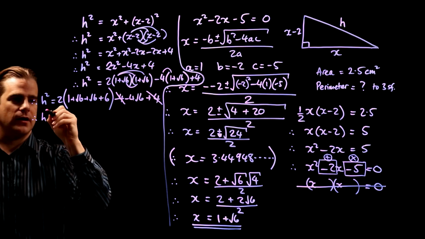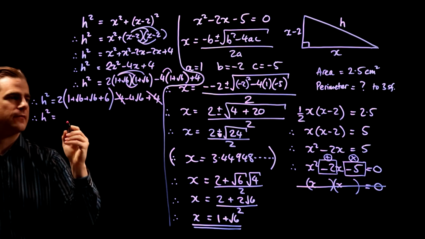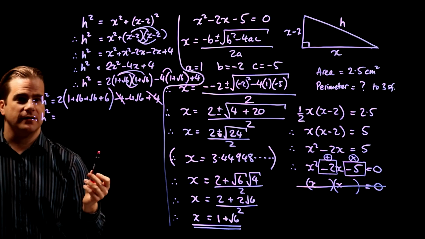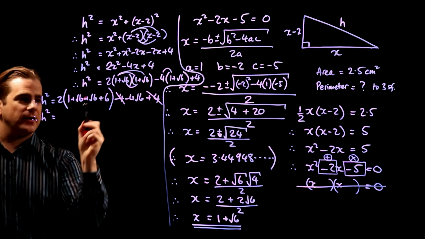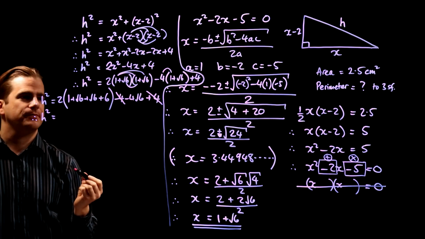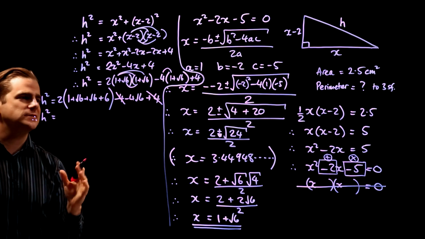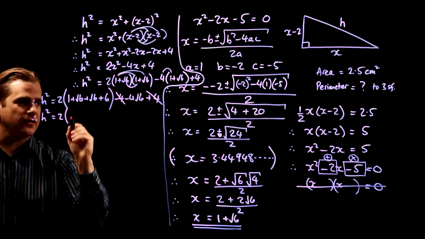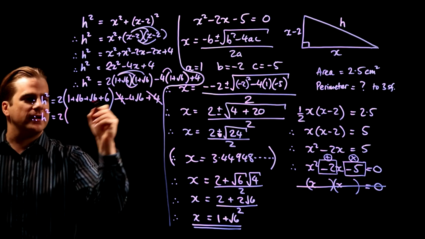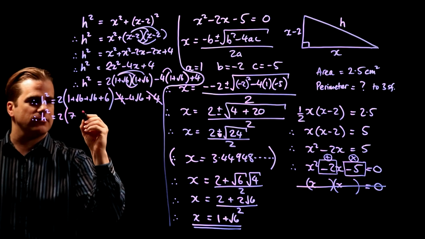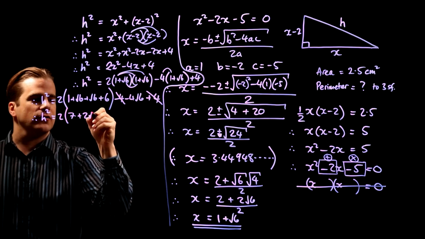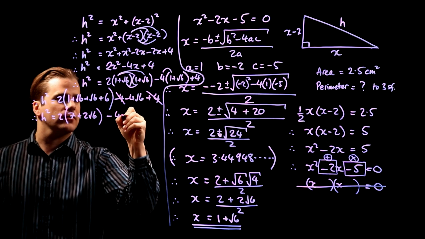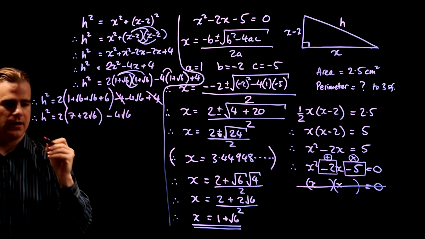Therefore, h squared is, I'll do 2 steps in one here just to save space and time. No, I won't. I'll take that back. I'll gather terms. I'll be good. 1 plus 6 is 7. Root 6 plus root 6 is 2 root 6. Minus 4 root 6. Okay?